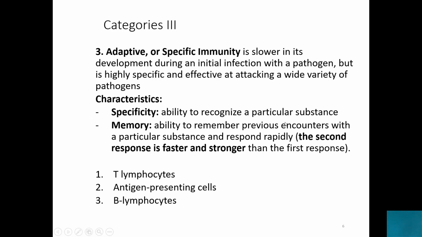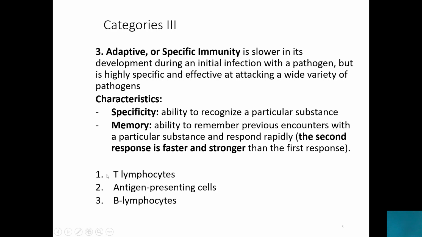Memory is the ability to remember previous encounters with that particular substance and respond rapidly. So the second response is faster and stronger than the first, and if we meet the same pathogen again, the disease will not develop. The immune system will kill that pathogen before we get sick.